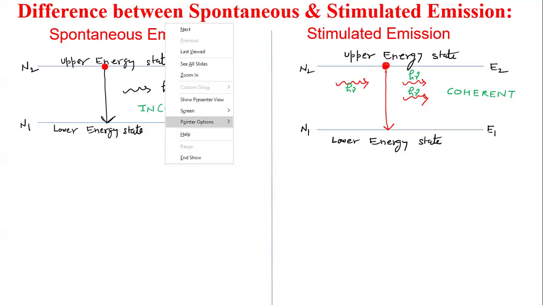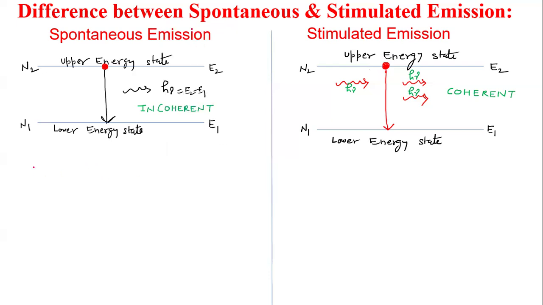It's very simple. See, the atom in the excited state is denoted by A star. So when it comes to the lower energy state, it will be equal to A plus h nu.